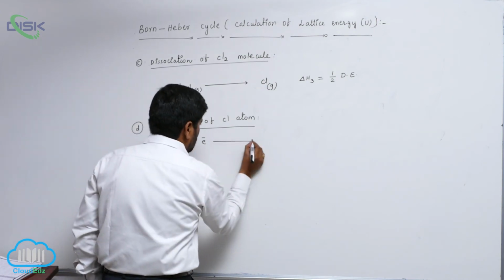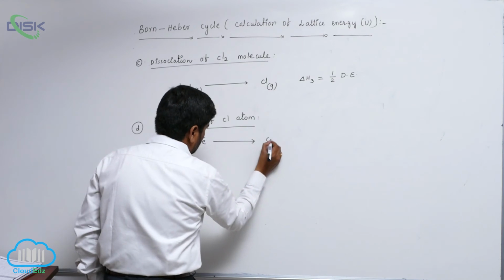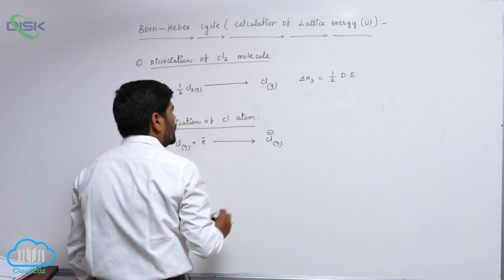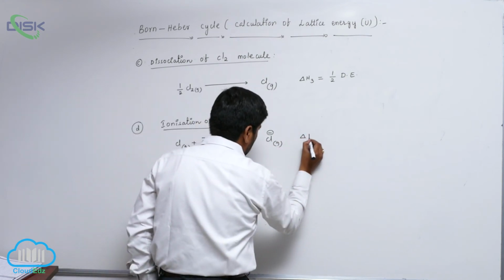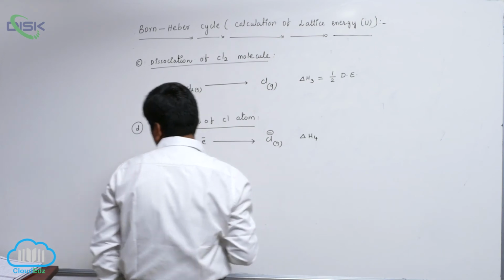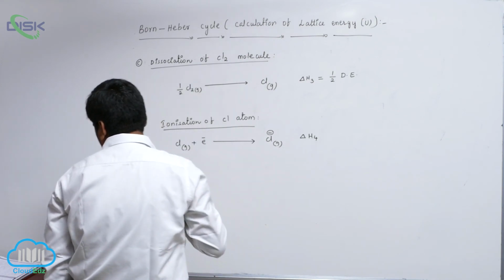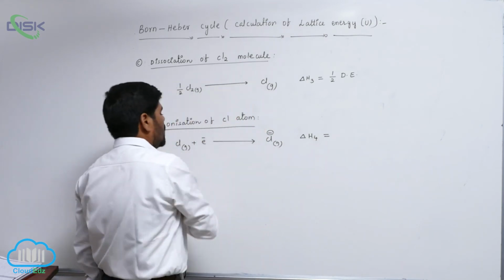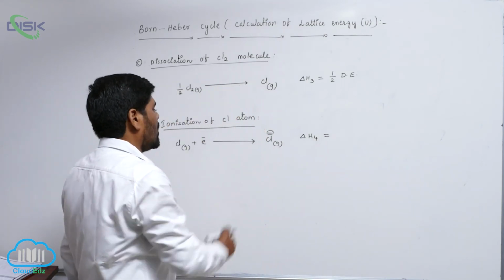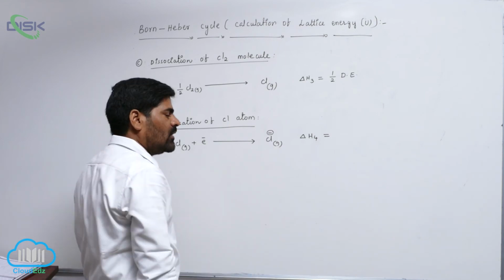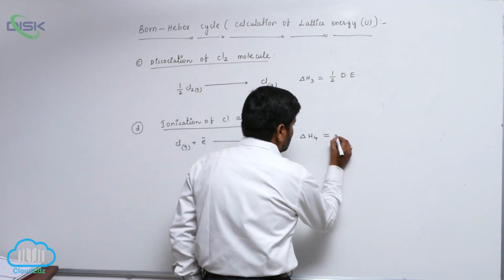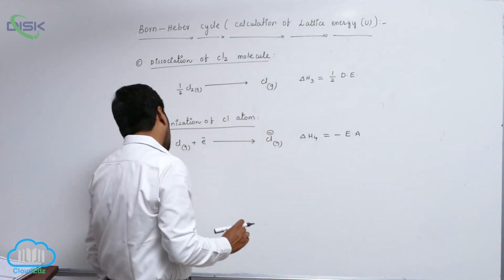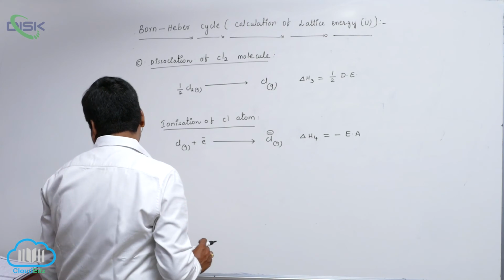Now it converts into Cl minus gas. This is delta H4. Here some amount of energy is released due to the addition of an electron. So this is minus Ea, known as electron affinity.